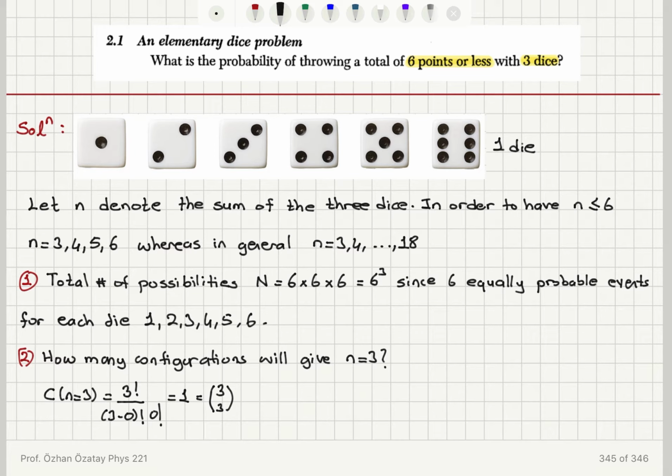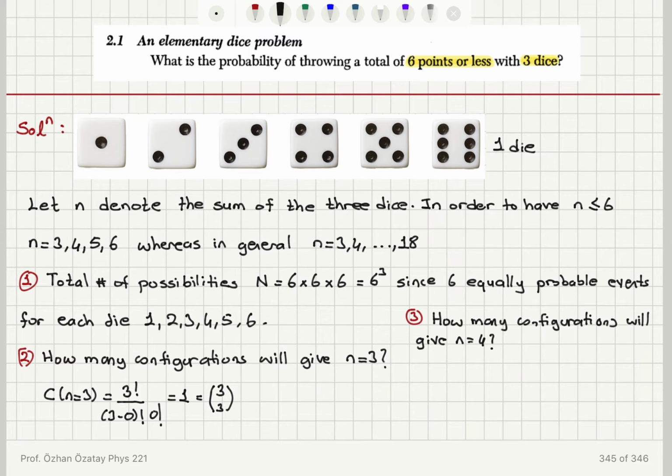So this is only one possibility. Now, as a third step, let me ask, how many configurations will give n equals 4? So let's think about this now.